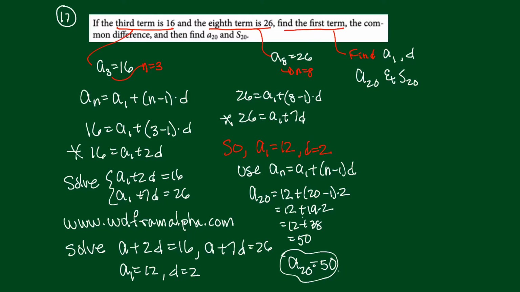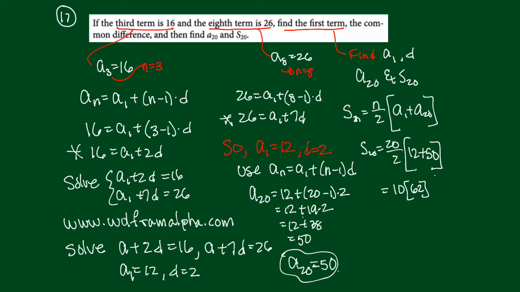Or we can just use our formula: S sub n is n over 2 times the first term plus the 20th term. So S sub 20 is 20 over 2 times the first term, which is 12, plus the 20th term, which is 50.